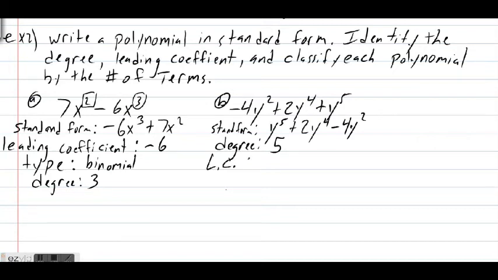The leading coefficient, again, I'm just going to use LC. What number's in front? A 1. And we're done. And then type, what kind of polynomial is it? Well, there are 3 terms, 1, 2, and 3. 3 terms, it's a trinomial.